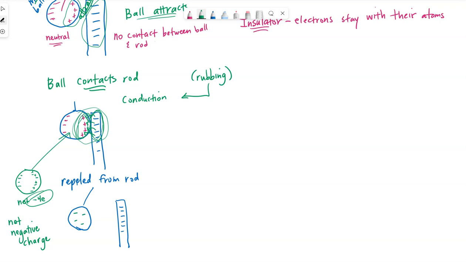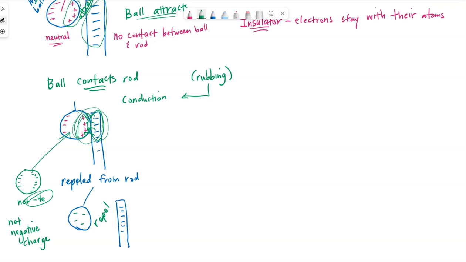And so now we have two negatively charged objects which repel. They repel because now they have the same overall net charge. Not magnitude, just that they're both negatively charged.